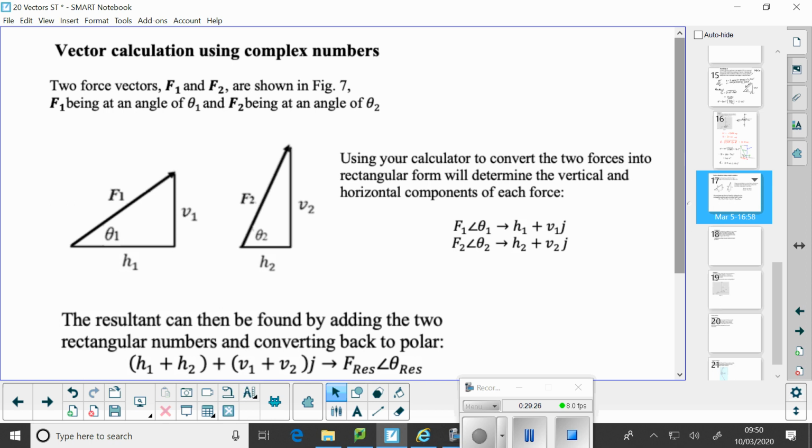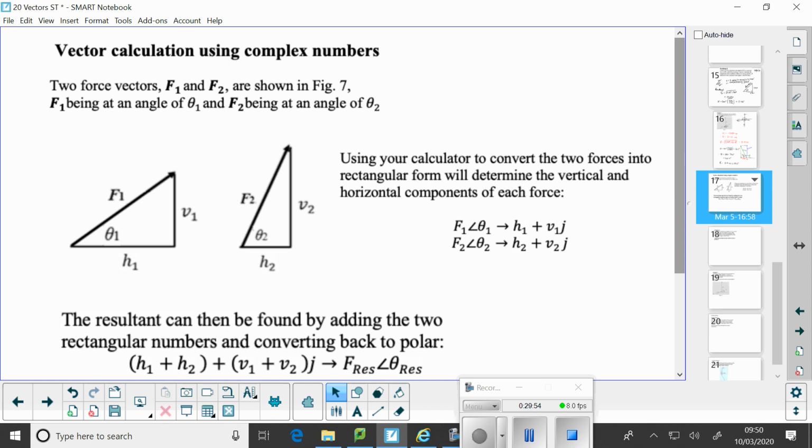A similar situation to the problem we just did. Horizontal and vertical components. You can use your calculator to convert the two forces into rectangular form. So we can do polar conversion from F1 at angle theta 1 converted to H1 plus V1j.